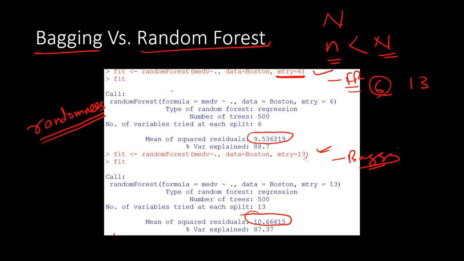So this is how you build a random forest model. Now how can you use your skills to improve on this? Just try mtry equal to 5, or 4, or maybe 3, and see which one gives the minimum residual value, and that would be your optimal or most efficient model.